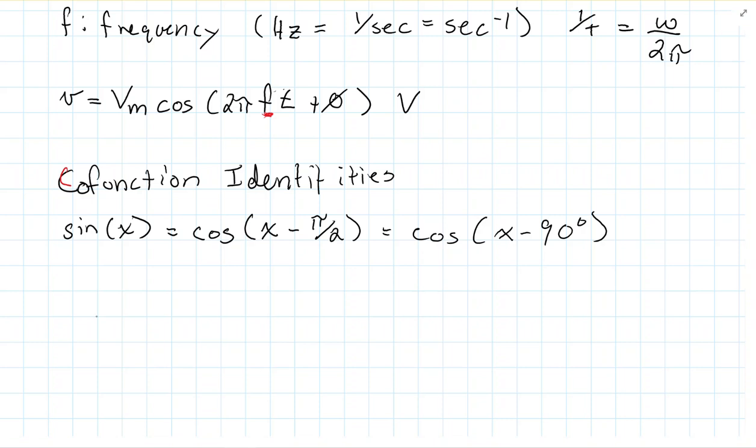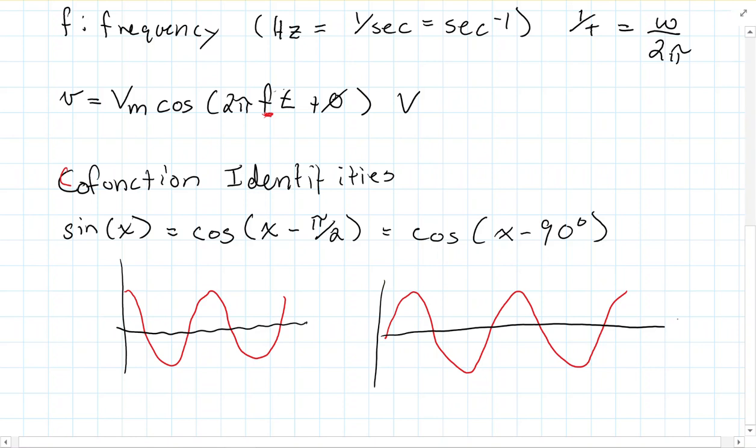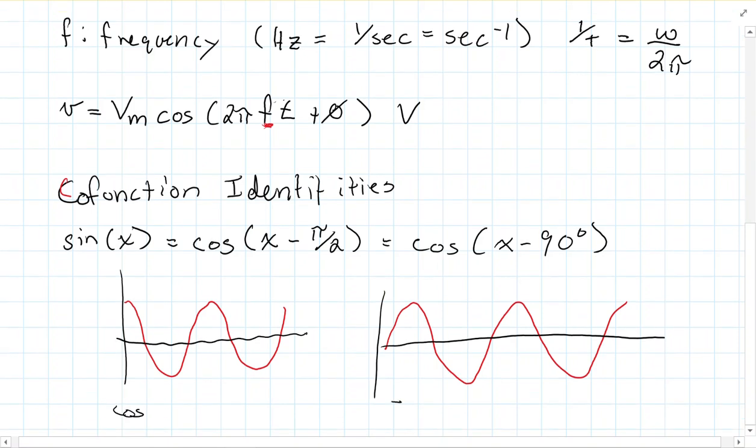So let's look at the graphs. I'm going to quickly sketch cosine and sine, and then put some axes in here. I'm not even doing a very accurate sketch. The cosine function starts at 1 and then goes down and then up, and the sine function simply starts at 0 and then goes up and down.